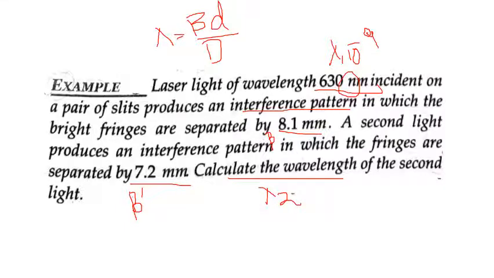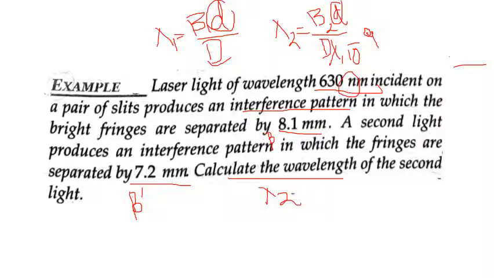So this is your lambda 1. It produces a fringe with 8.1 millimeter. And they have asked you to calculate your second wavelength, lambda 2, which is beta 2 d by capital D. Now in this case, your small d, the distance between the two slits, is the same. Capital D, the distance between the screen and the slit, is the same.